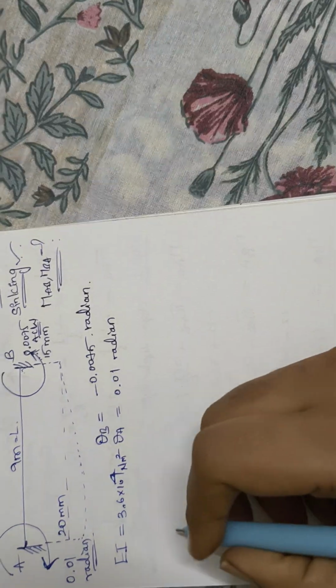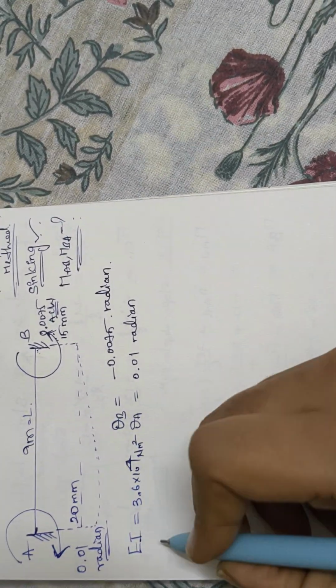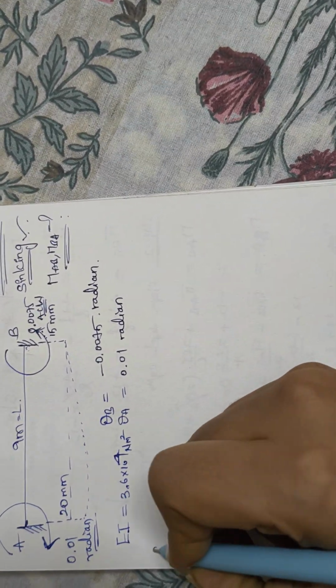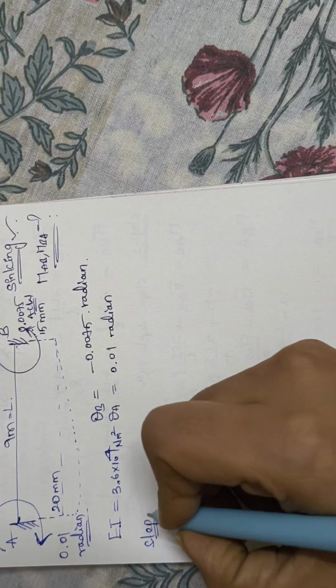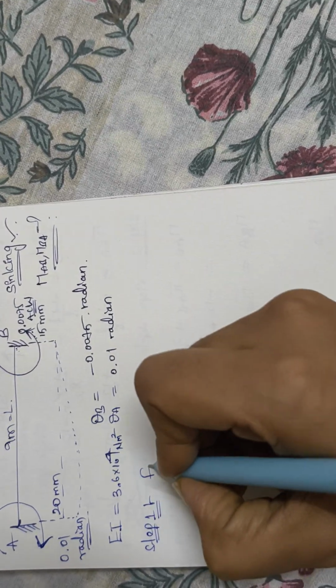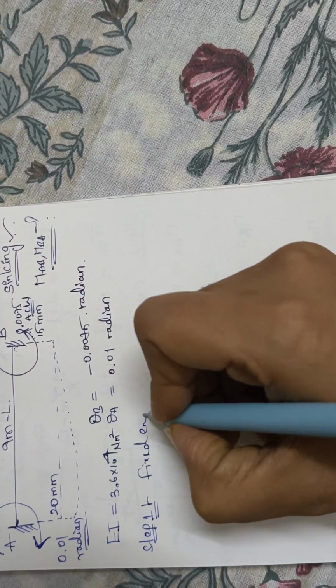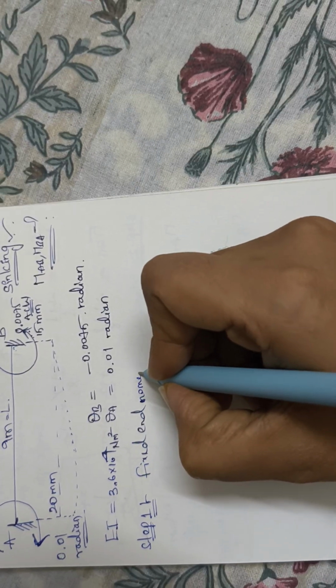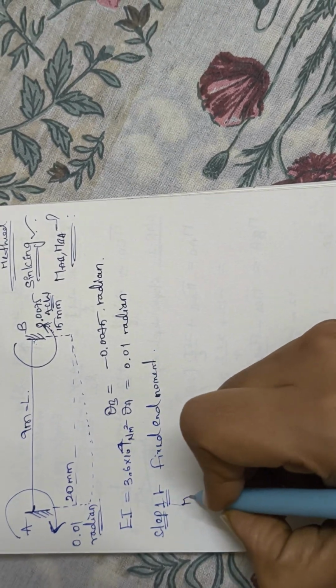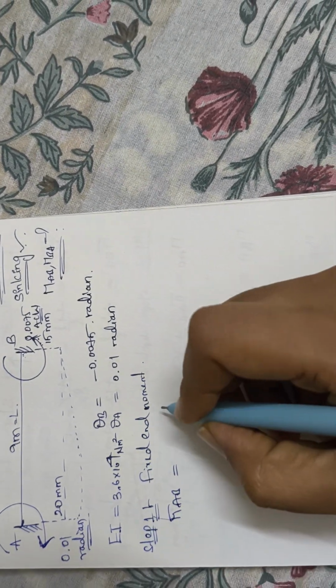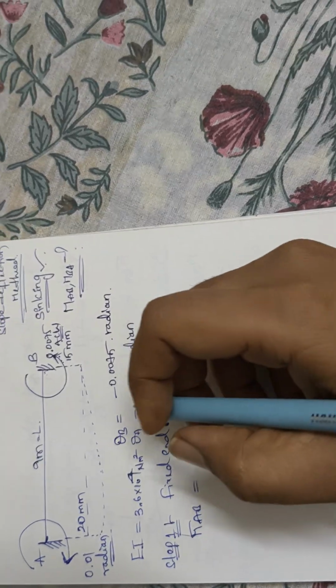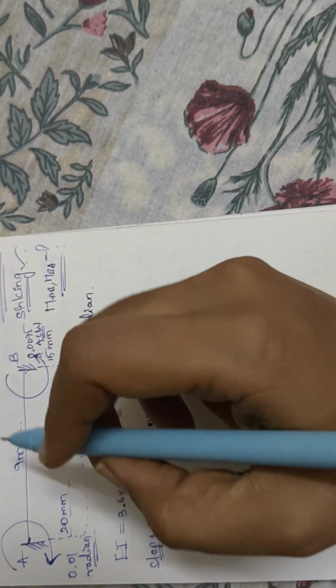And here, what is our first step? Yes, fixed end moments. Correct? Fixed end moment. So tell me the M bar AB value. Zero, you are saying.